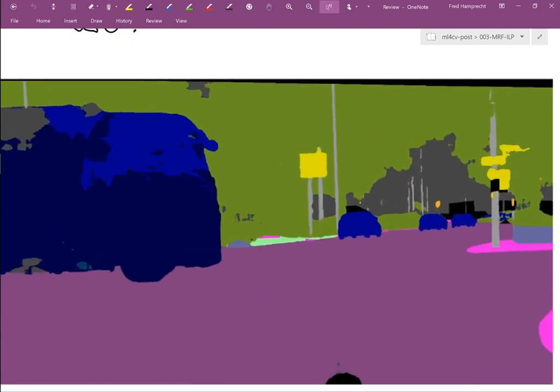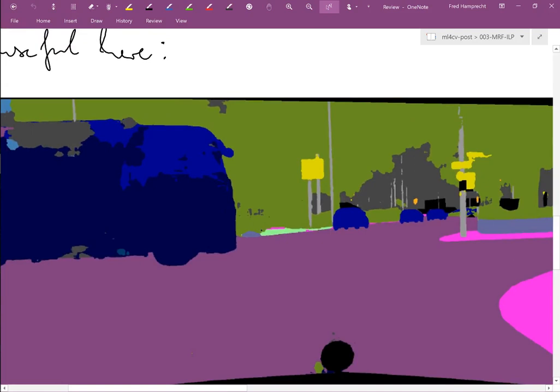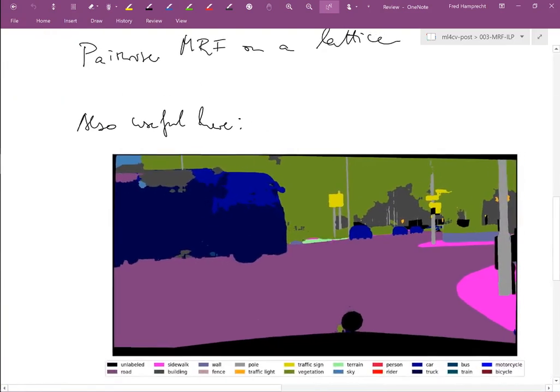So if you look at these thin poles, for example, if we also imposed a smoothness prior here on these thin gray poles, there is a chance that we would lose them. But there is the possibility to have the smoothness prior act only on certain combinations of classes and not on others. Just means we have more parameters in our procedure, which we need to train.